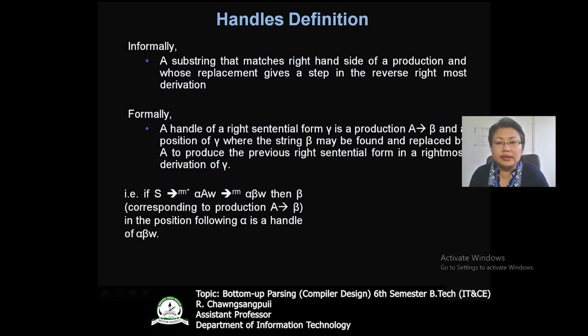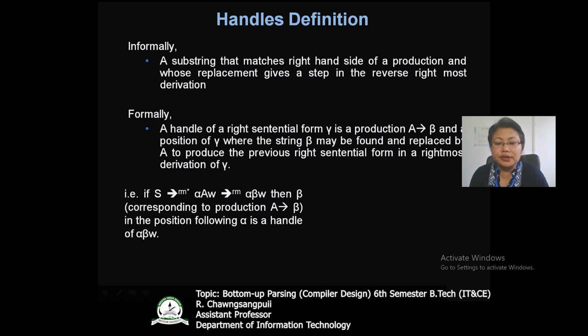Now we'll be talking about handles and handle pruning. Informally, a substring that matches the right hand side of a production and whose replacement gives a step in the reverse rightmost derivation is called a handle. Now formally, a handle of a right sentential form gamma is a production A can have the form beta, and a position of gamma where the string beta may be found and replaced by A in order to produce the previous right sentential form in the rightmost derivation of gamma.